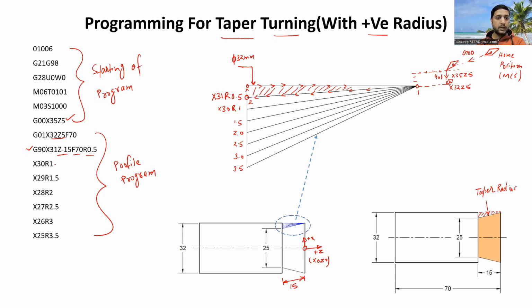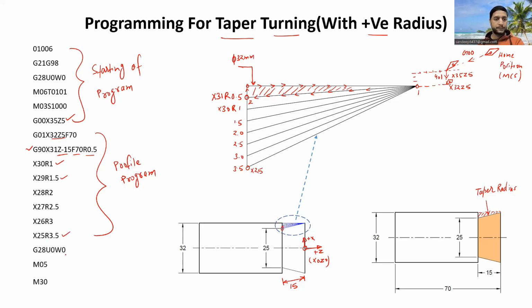So after X30 R1, it will repeat itself: X29 R1.5, then 2, 2.5, 3, and 3.5. At radius 3.5, our diameter will be X25. So at this particular point, X will be 25 here. I hope it is clear to you now.